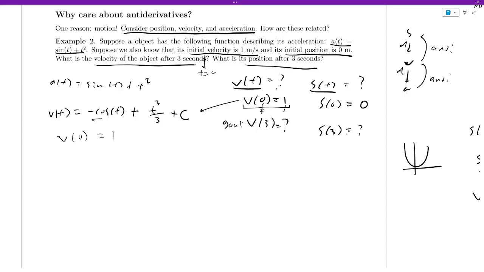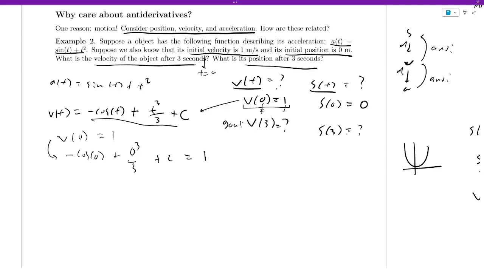V of 0 means I plug 0 into all this. So it's negative cosine of 0 plus 0 cubed over 3 plus c. That's the left-hand side. And that's supposed to be equal to 1. That's the right-hand side. So I'm just expanding this left-hand side here by plugging in 0. This lets me solve for c, because there's all numbers here except for c.